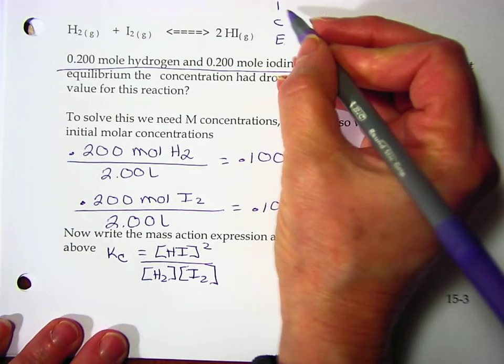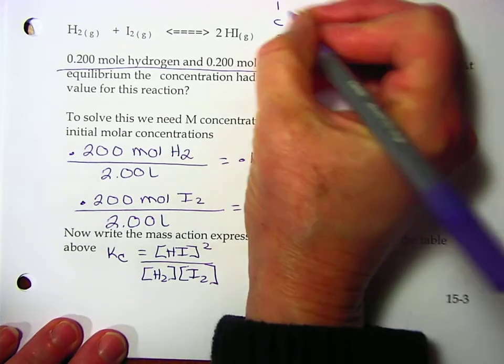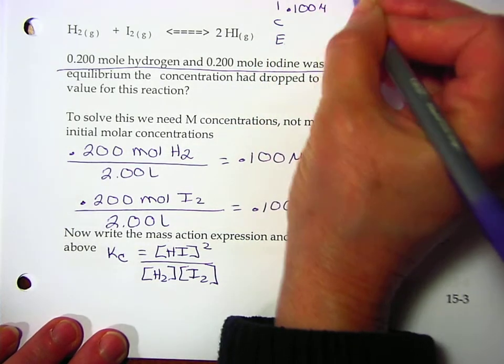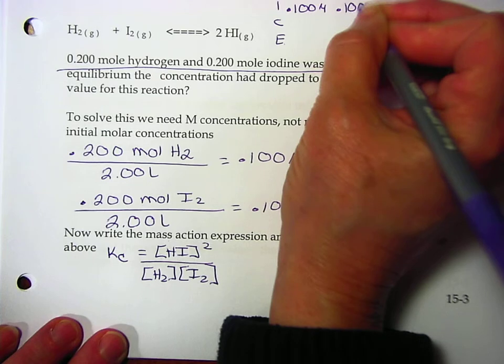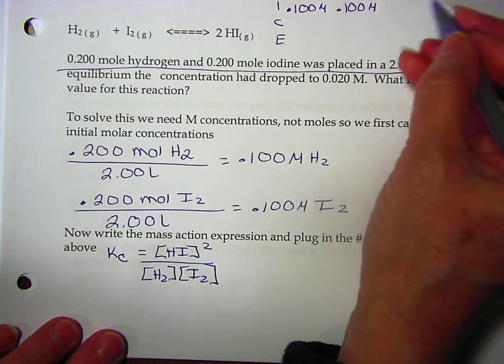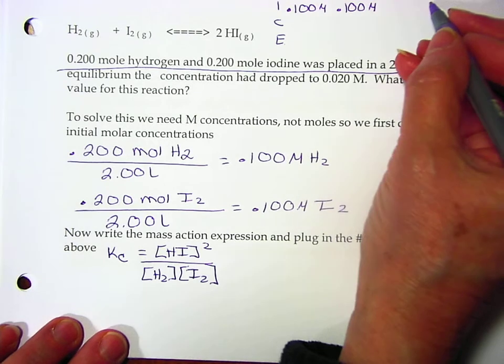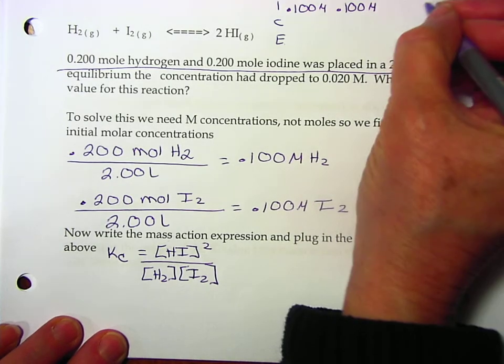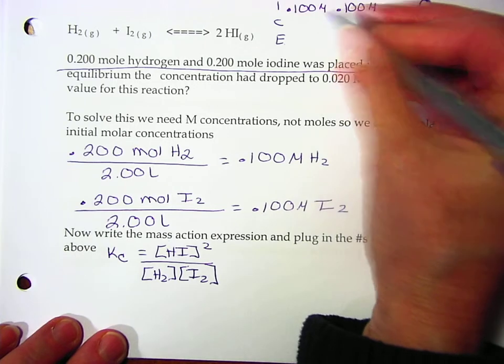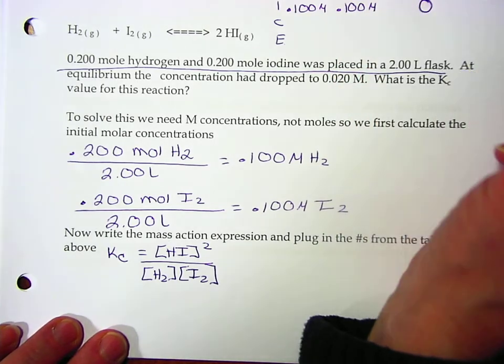We go back up here, and initially I have 0.1 molar hydrogen and I have 0.1 molar iodine. If you think about this, how much hydrogen iodide would I have to start? And the answer is 0, because before the reaction has started, we don't have any products. We just have 2 reactants.